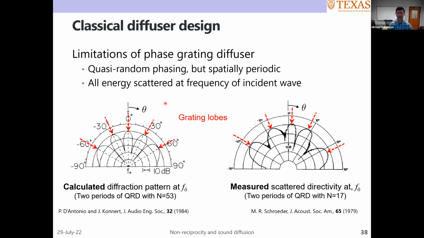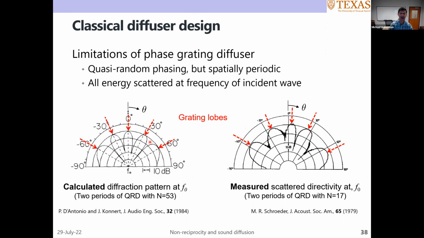Okay, so this classic diffuser design, of course, has limitations because those individual unit cells of your quasi-random scattering surface are still arranged periodically. And even if you arrange that quasi-periodically, you still run into problems because spatially, it's best to arrange it periodically. And so you either get worse coverage or you still end up with these grating lobes.